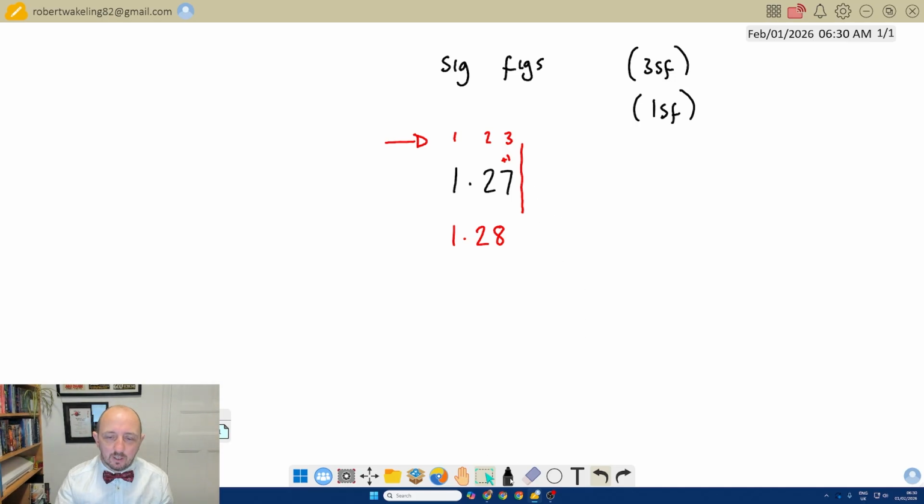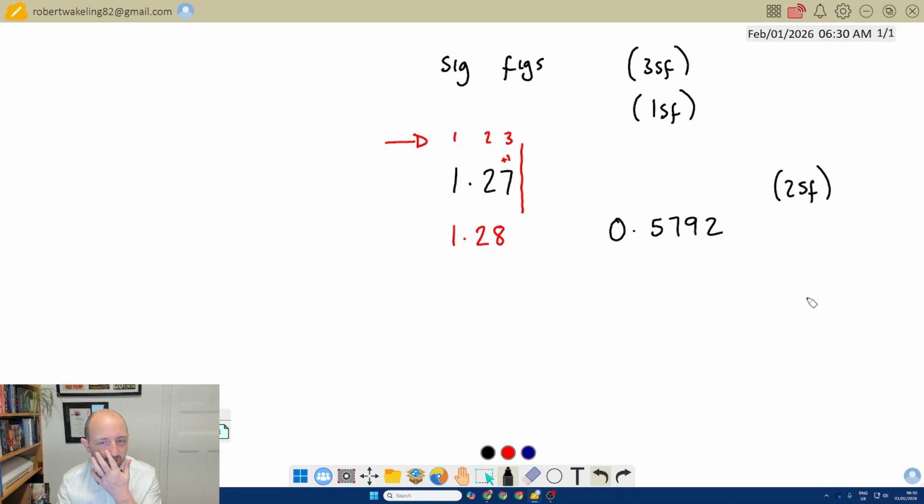Okay, now significant figures can be tricky if we start with a 0. 0.5792. Okay, and let's round this to 2 significant figures. When we go from left to right, this first 0 doesn't count.